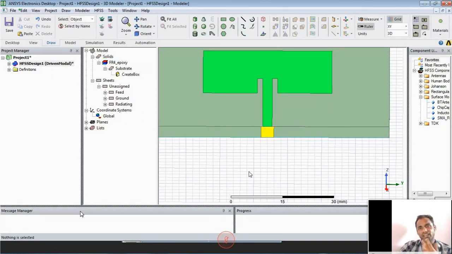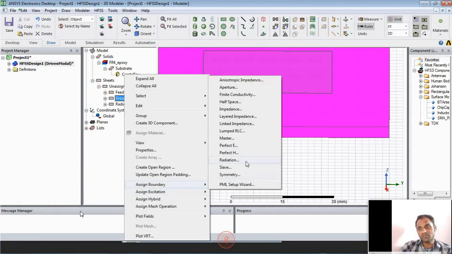So I'm giving electrical properties, otherwise my entire electrical property does not work. So I need to give a finite conductivity value. If I give a finite conductivity value, the entire progress will be done in a unit matrix, so that we get the impedance matching characteristic. So I change my assign boundary condition into finite conductivity.